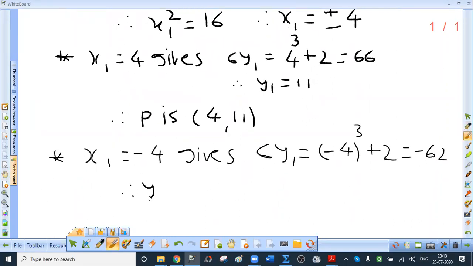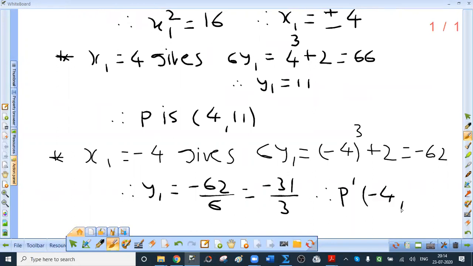And therefore y1 is minus 62 upon 6, that is minus 31 upon 3. Therefore I will say P dash, because both points cannot have the same name. So first is P, second is P dash. So which is the second point? It is minus 4, minus 31 upon 3. Okay, so this is the answer.